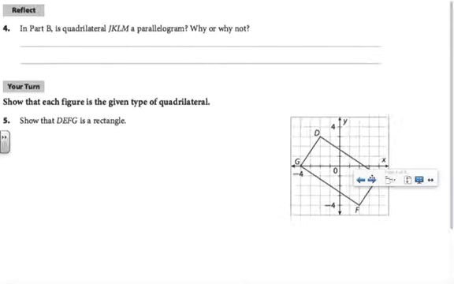In part B, is quadrilateral JKLM a parallelogram? Why or why not? It's definitely not a parallelogram because in a parallelogram I have two pairs of opposite parallel sides.